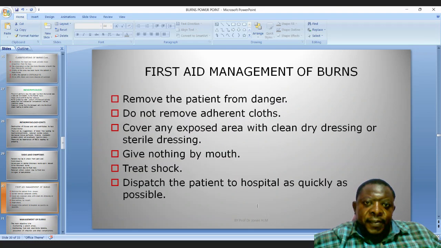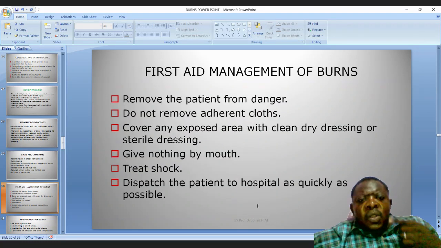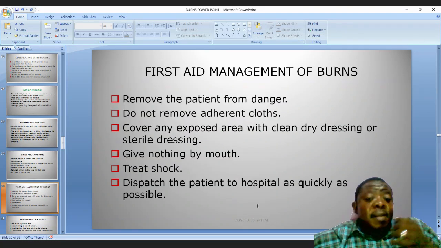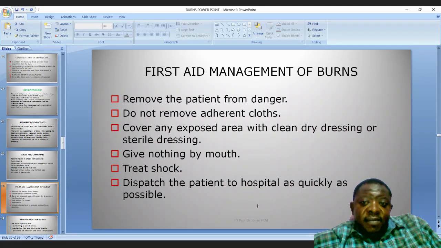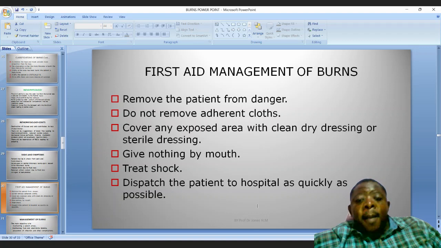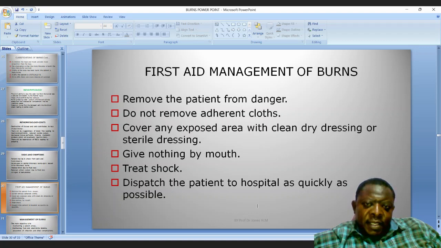Now let us look at the other part of the objective, and that is management of burns. First aid management of burns is that you have to remove the patient from danger or remove danger from the patient or casualty.